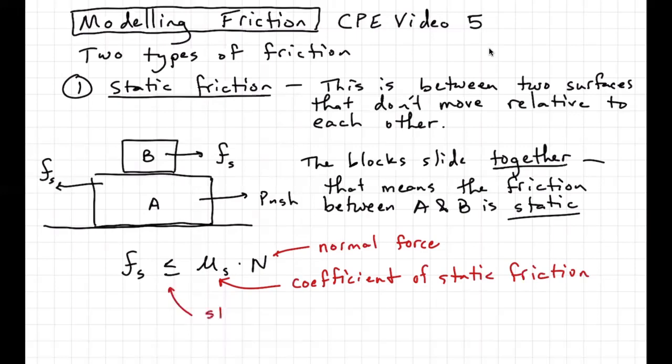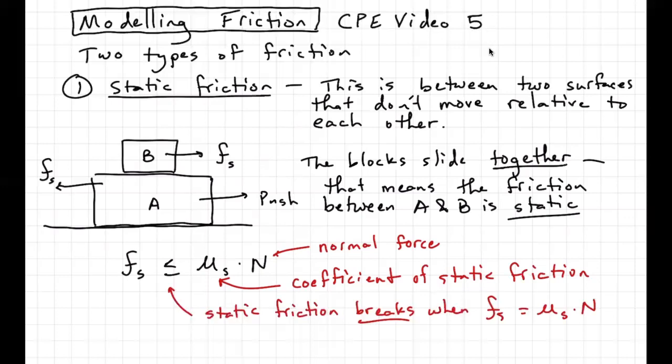So static friction breaks and things start sliding when the frictional force is equal to mu s times n. That doesn't mean that the static friction is always equal to mu s times n. It just means that if the friction required to keep two boxes or two surfaces from moving relative to each other is greater than mu s times n, then they'll start sliding.